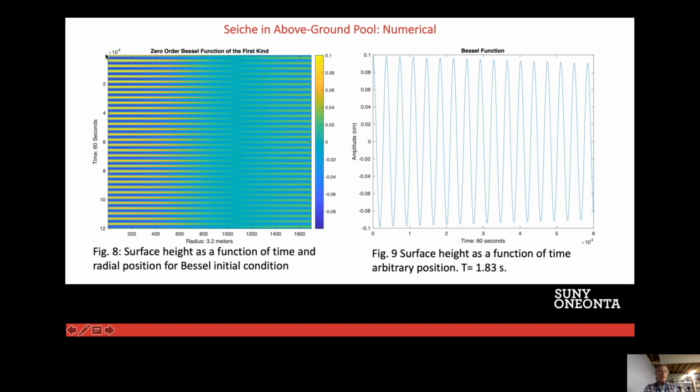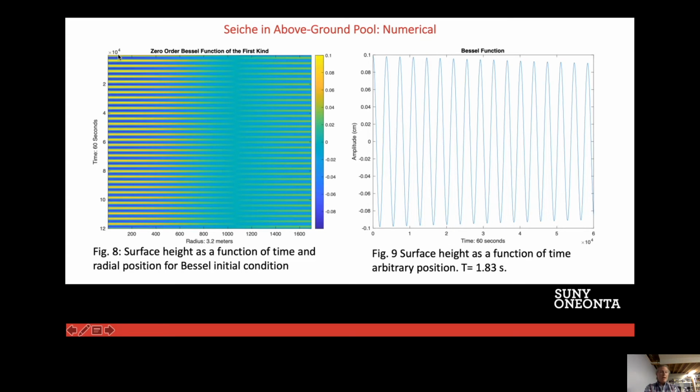What we're looking at here is wave height in color code. And so that's actually the surface height. Time goes down this way. And space from the center of the pool out to the edge of the pool is on the horizontal axis.